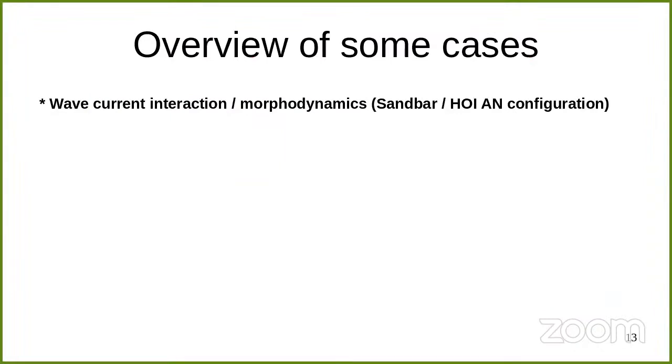But now I will show you more applications. I will split on different kinds of study, like wave current interaction and morphodynamics. So I put there the sandbar test cases and also realistic test cases on Vietnam, Hoi An. So I split depending on which kind of processes you want to do.